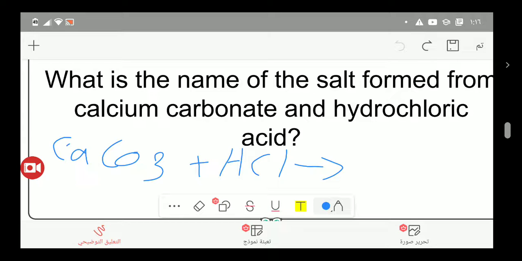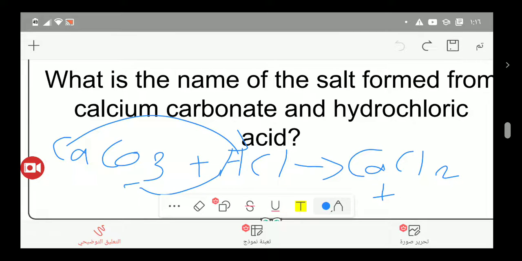The same idea: calcium will displace hydrogen, forming CaCl2 in this case, plus H2CO3 here. As I said, if you see a CO3 carbonate group, it will give carbon dioxide at the end, plus water, H2O.